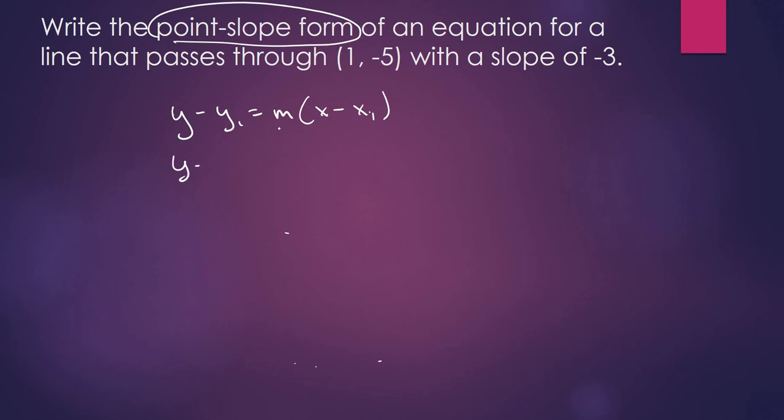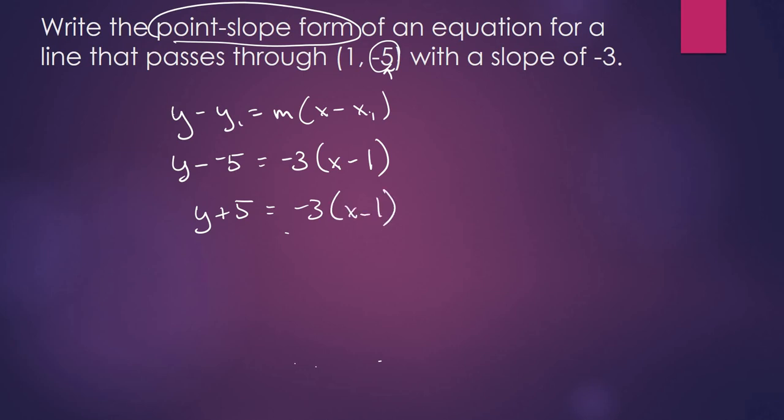So y minus, that's my y sub 1 value, a negative 5, equals a slope, negative 3, times x minus our 1. You can see here how when the y value is negative, we end up with y plus 5 in the equation. Okay, and x minus 1 for that one. So pretty simple, just writing and again plugging in the points.